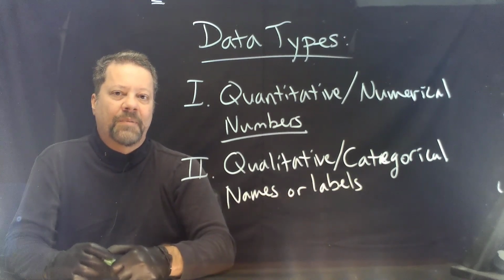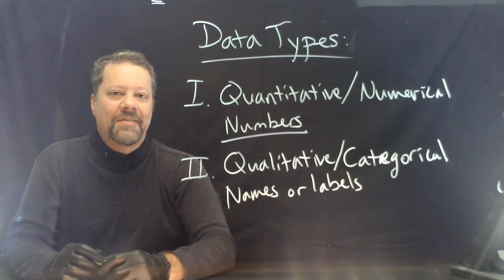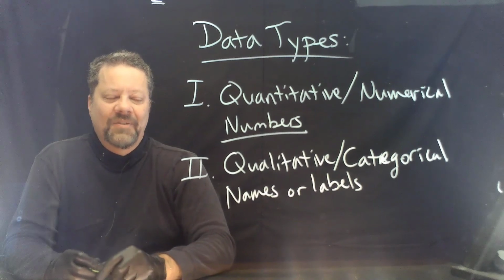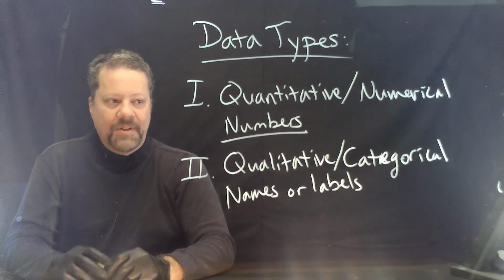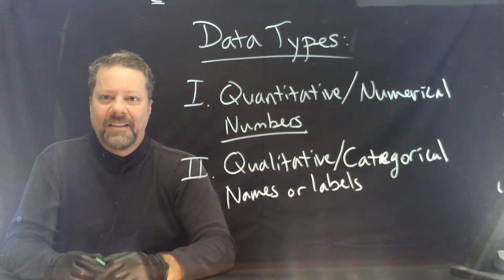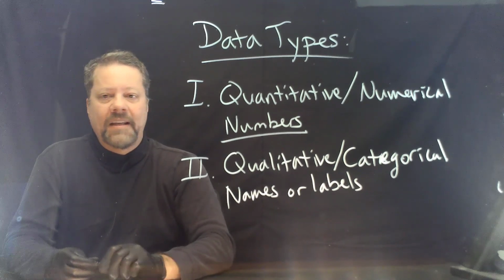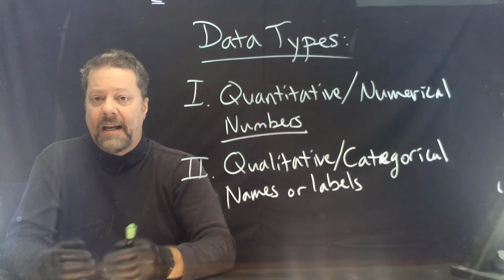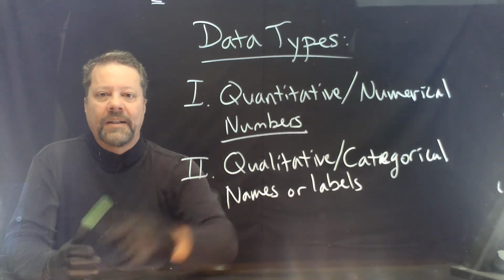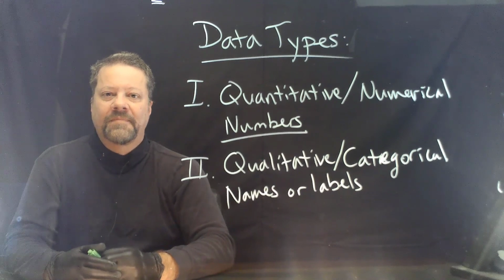So for example, blue eyes versus brown eyes. We can call those names. Those are qualitative characteristics. Whereas if I count the, say, the height of individuals, that would be quantitative and numerical.